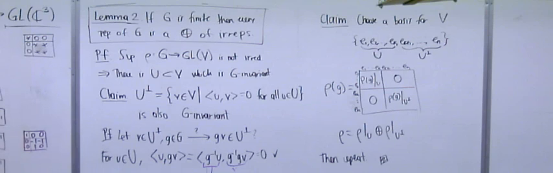And so this rho 1 is a very silly representation. All it does is to each group element, it assigns 1. Okay. So rho 1 goes from G to GL of C1, and all it does is it takes a group element and it sends it to the number 1.